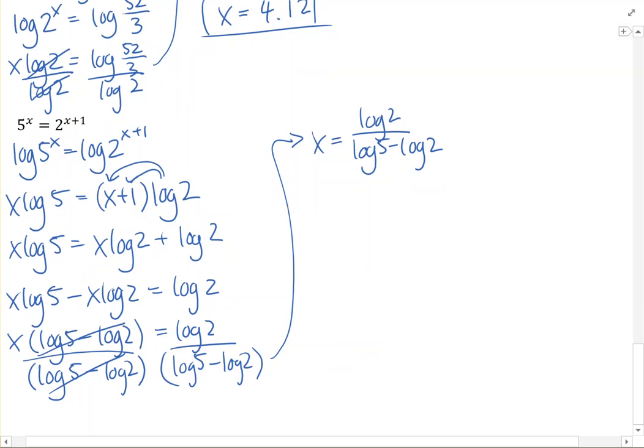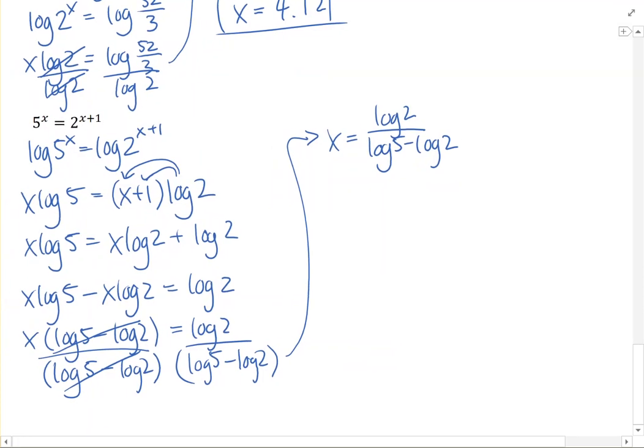Again, if I ask to leave it in terms of log, this is as far as you can get. If you would like, you can also use the quotient law for the denominator and have it like so. Both ways could work if I asked you to answer in terms of log.